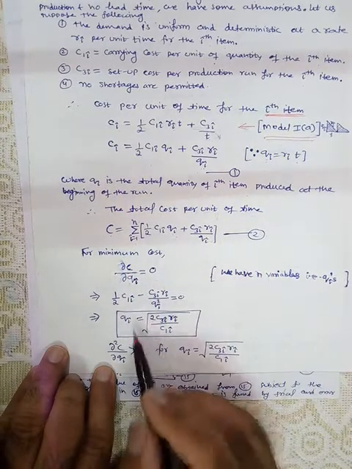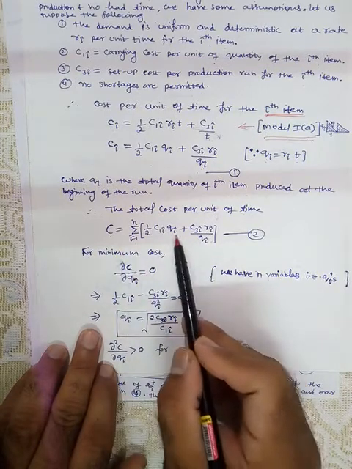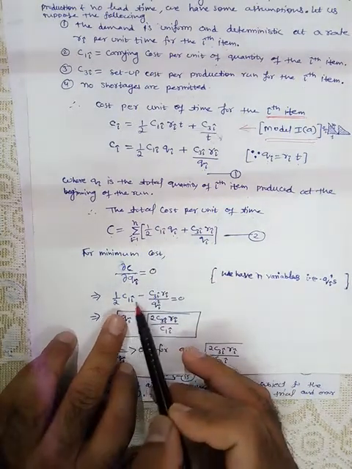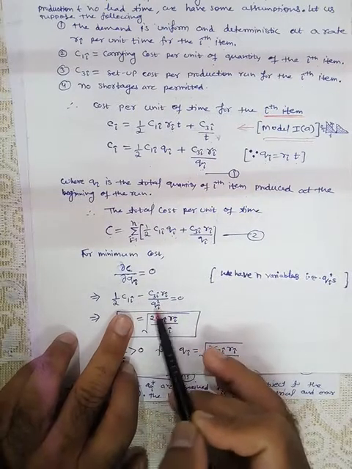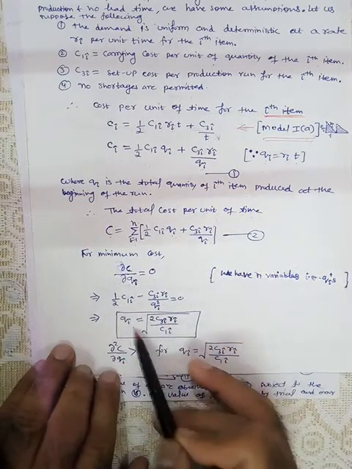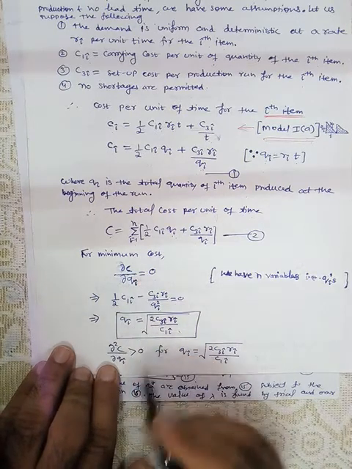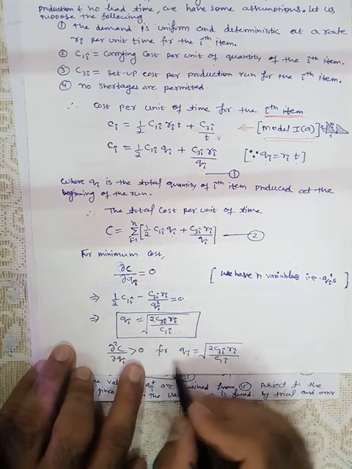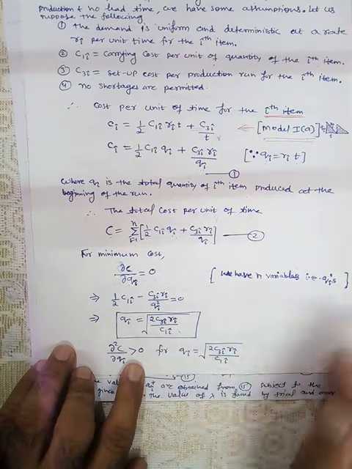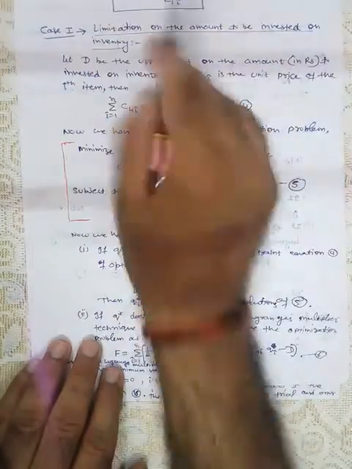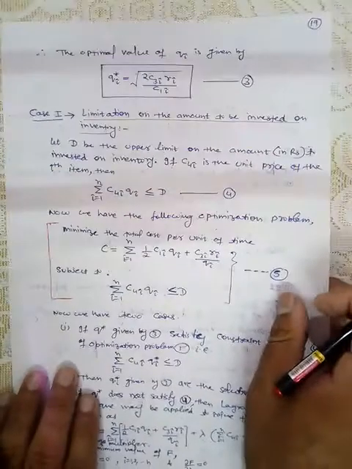After simplification, partially differentiating, we get 1 by 2 C1i minus C3i Ri by Qi whole square is equal to 0. After this we get this. Now partially differentiate again with respect to Qi. We get a positive value for this choice of Qi, and that's why this is the optimum value.